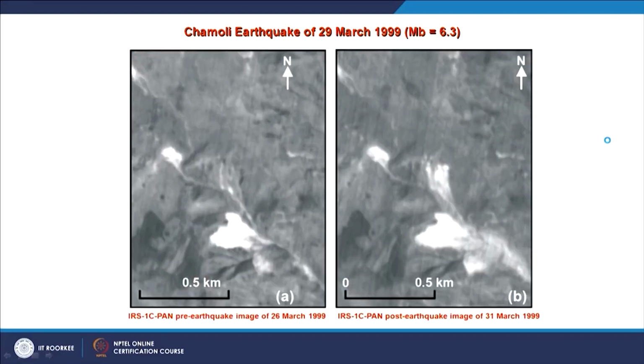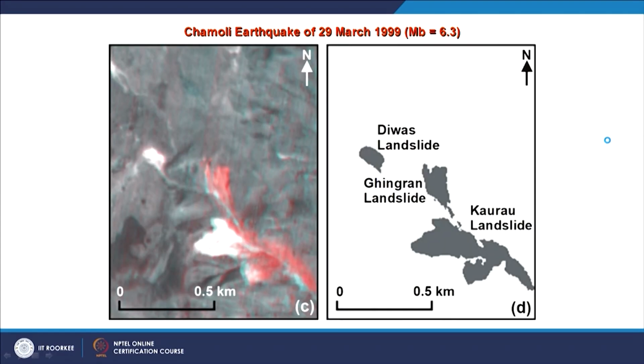Similarly, one more example is here, pre-earthquake image, post-earthquake image of the same dates, same sensor, but when we merge it, it brings beautifully the new landslides or enhancement into already existing landslides.